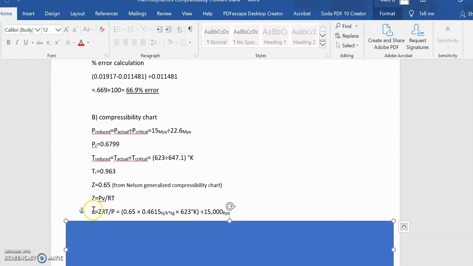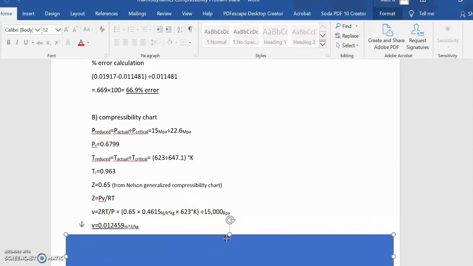Our specific volume now equals compressibility times RT divided by P, which is equal to the 0.65 we got, times 0.4615, the gas constant for steam, times 623 degrees Kelvin, and the whole thing is divided by 15,000 kilopascals, which finally gives us a specific volume of 0.012459 meters cubed per kilogram.